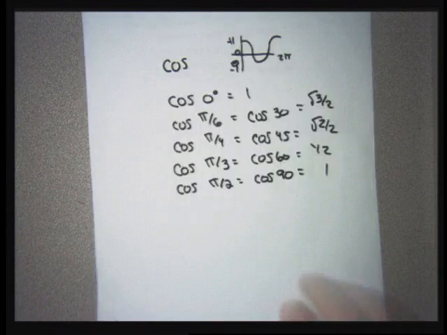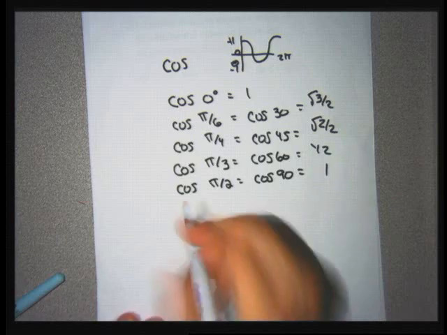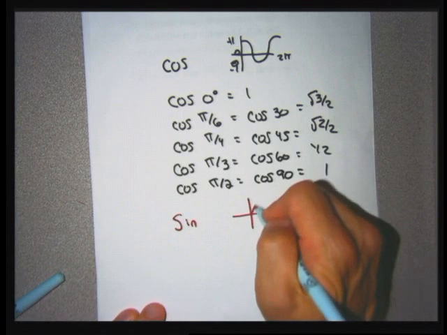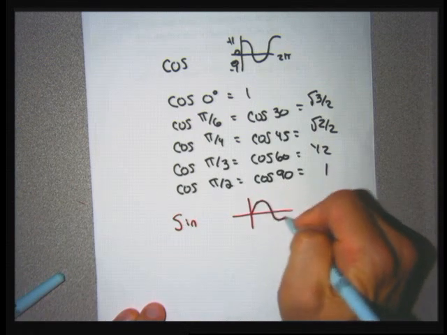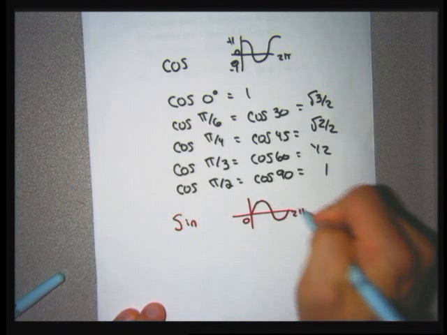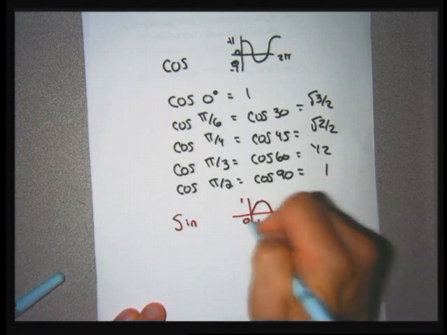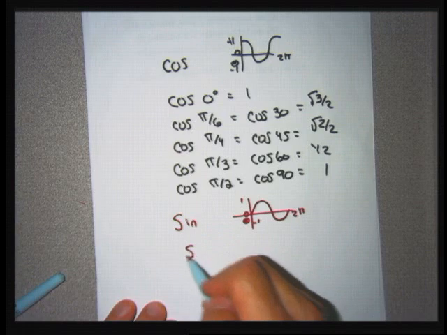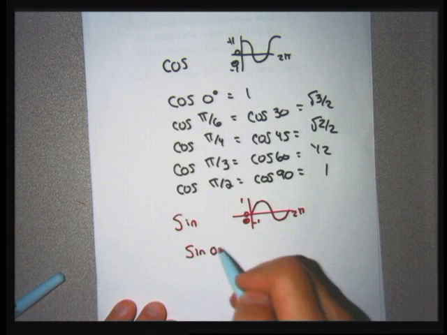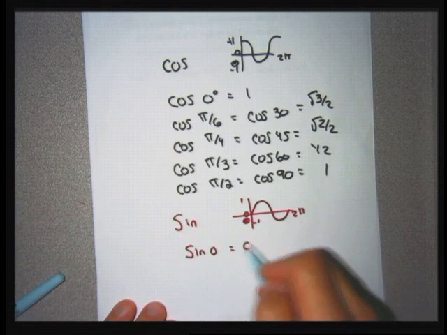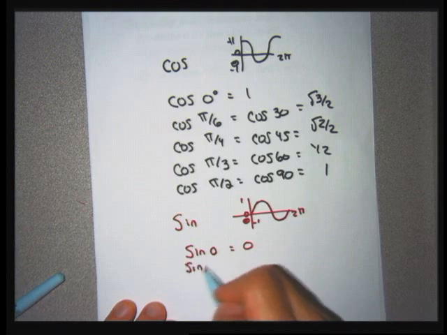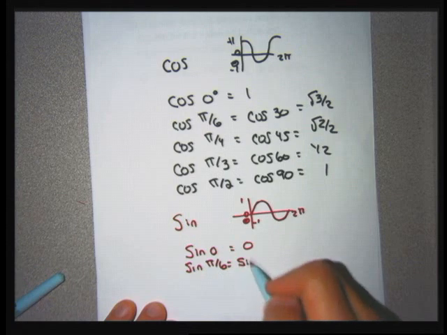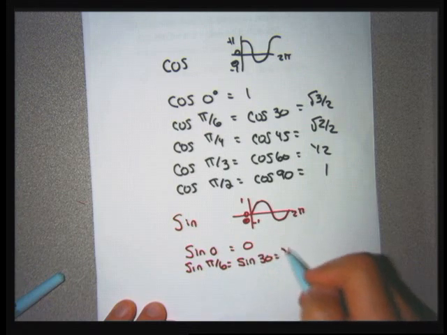And then for sines, you should remember a generic sine graph starts at 0, ends at 2 pi, goes up to 1, down to -1, and then you should know sines for the same values. Sine of 0 degrees, which is 0 radians as well, is 0. Sine of pi over 6, which is in radians, is the same as sine of 30 degrees, which is a half.